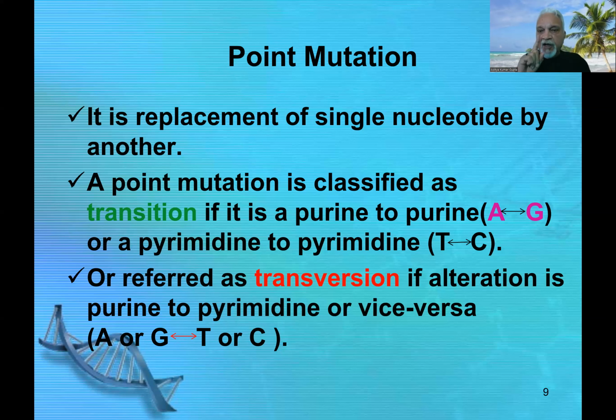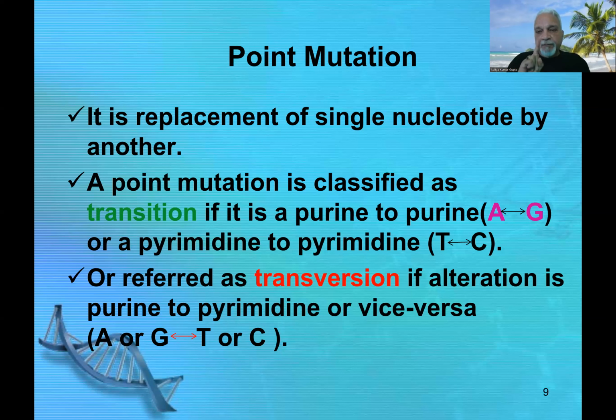Or it can be a transversion. That is, a purine is changed to pyrimidine or vice versa, meaning A or G is converted to T or C. So in point mutation, keep this in mind: number one, there is a change in only a single nucleotide.